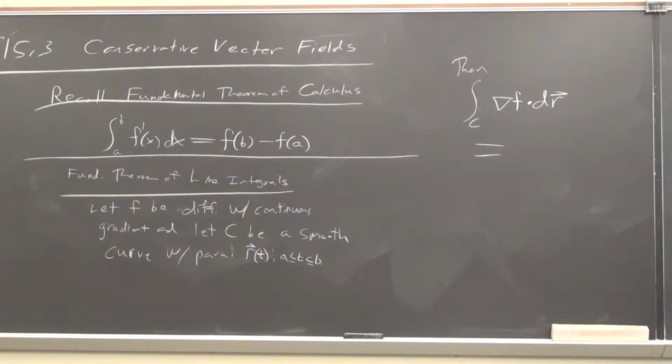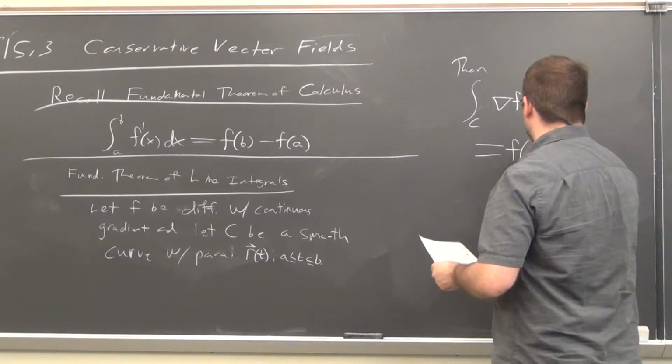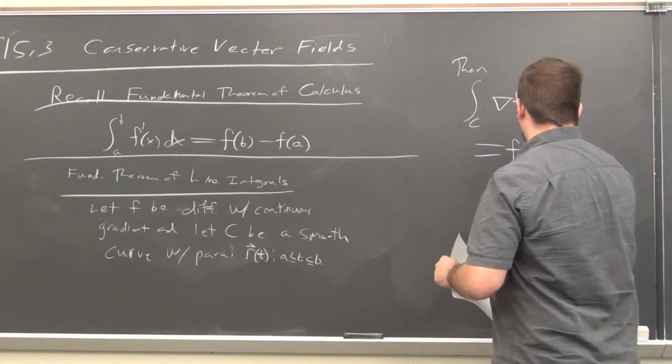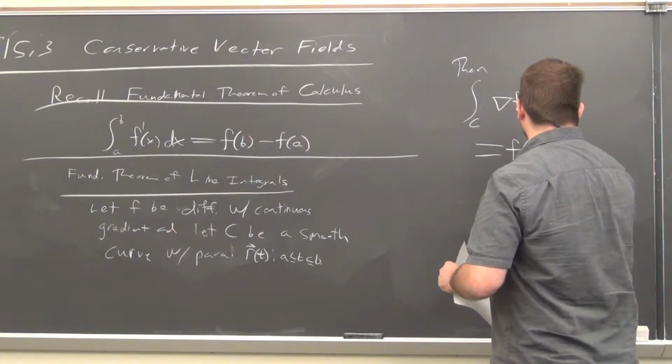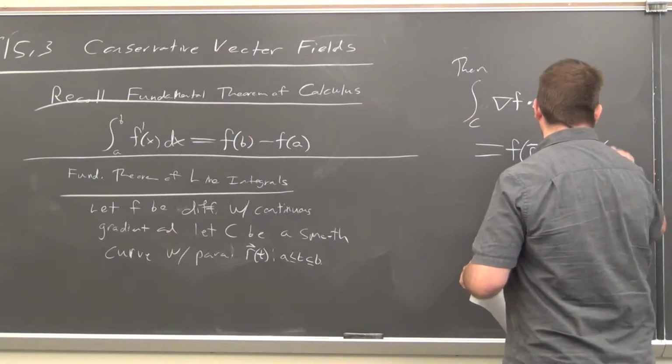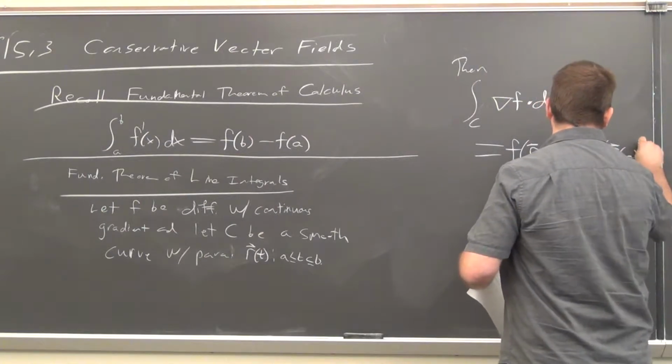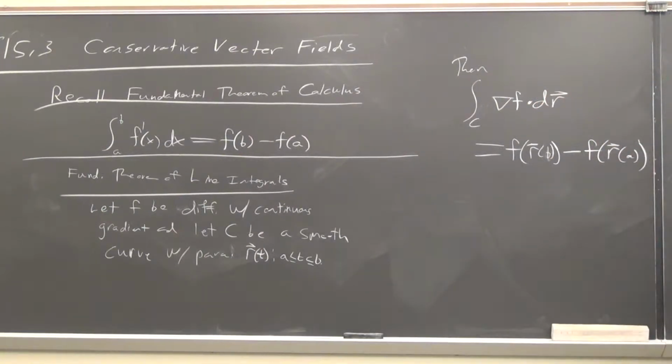You think of the gradient as the derivative now, and so the antiderivative of the gradient is that original f. So it's your f at your endpoint r(b) minus your f at your starting point r(a).